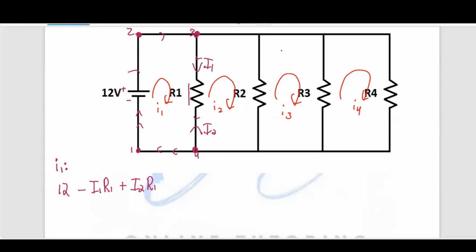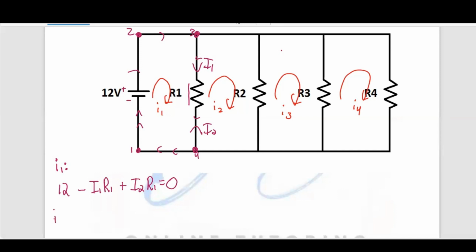The voltage drop across here will be negative for I1, but since I2 is also going through the resistor in the opposite direction, it will be positive. The keyword is opposite. Nothing rocket science. And you go back down to 4, and that is equal to 0. And that is loop equation 5.